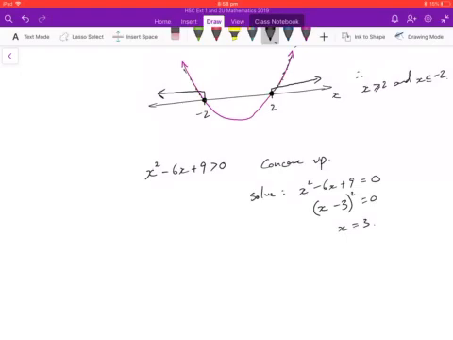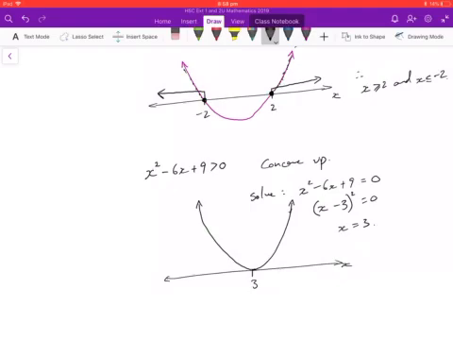Now, this is another special case. I'll draw my x-axis number line, and there's only one point to mark in this case. That's 3. When I have a perfect square, the parabola just touches at that point, and we'll learn more about that when we talk about discriminants. So, it's greater than 0.